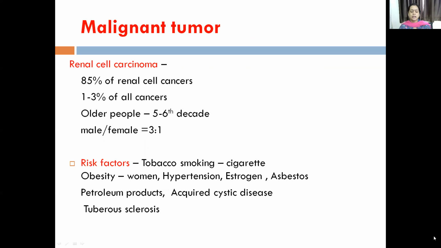Now coming to the renal cell carcinoma. Renal cell carcinoma can be hereditary or it can be sporadic. Okay, it's a very popular tumor where it can mimic any kind of disease. So a patient with renal cell carcinoma won't necessarily complain of back pain or something.